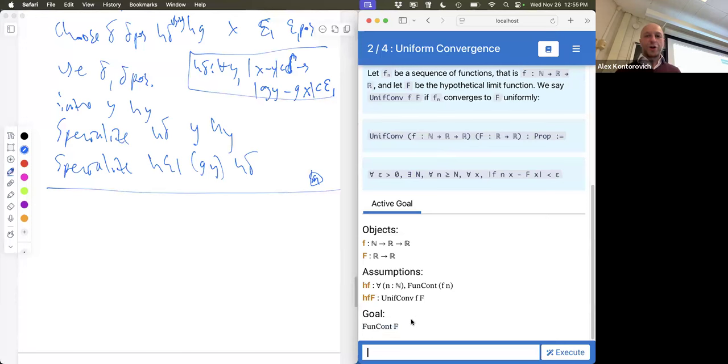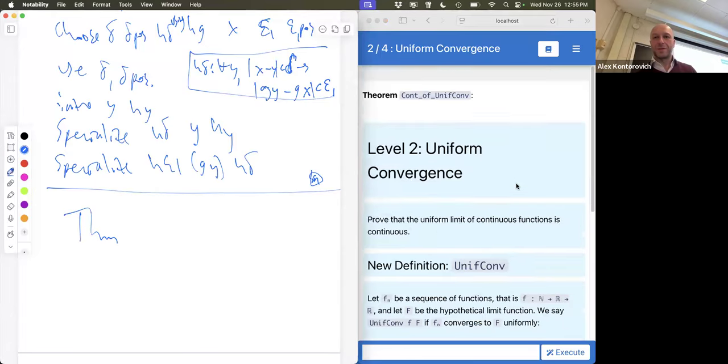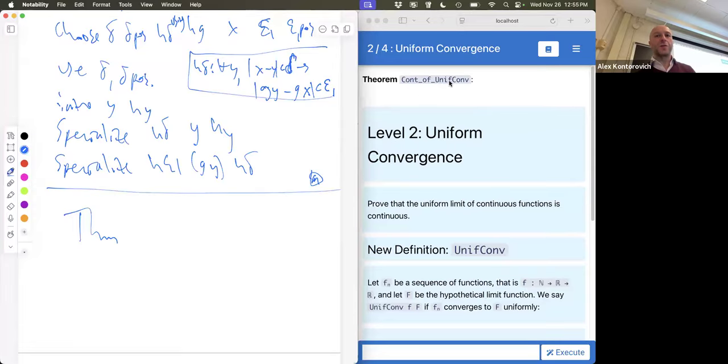And then we want to show that the function capital F is continuous. So theorem, this theorem has a name, I'm sure. Continuity of uniformly convergent sequences.